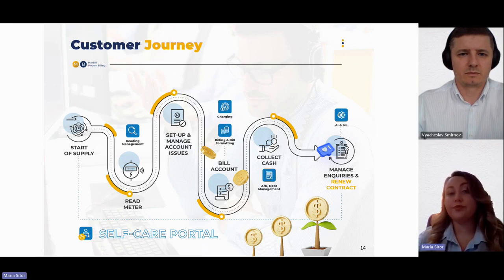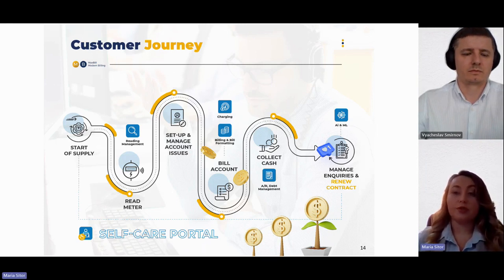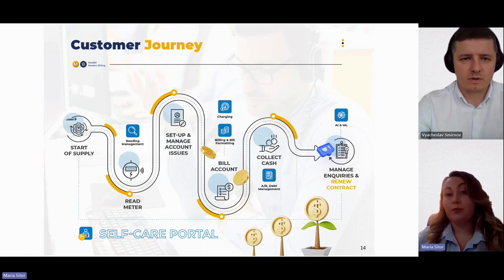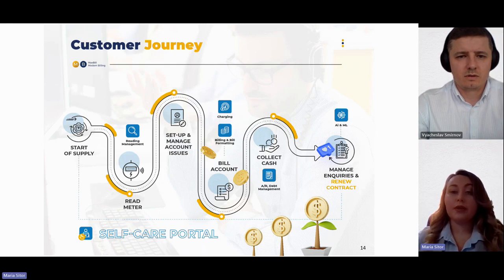After the bill is produced, it's sent and delivered to the customer by the special channel which was preferred by this person or company, and the company collects the cash from different types of payments, such as direct debit or other kinds of payments.